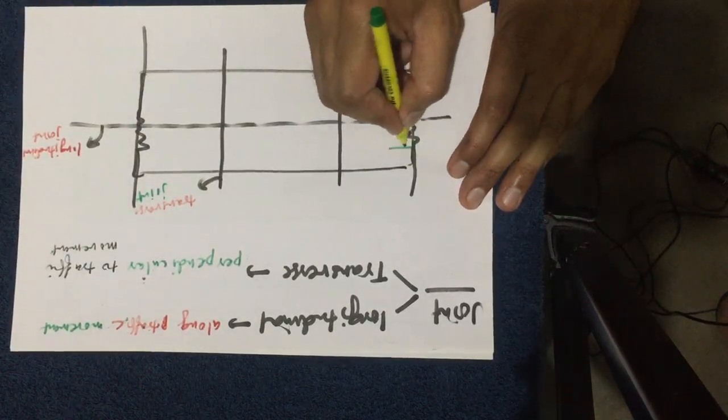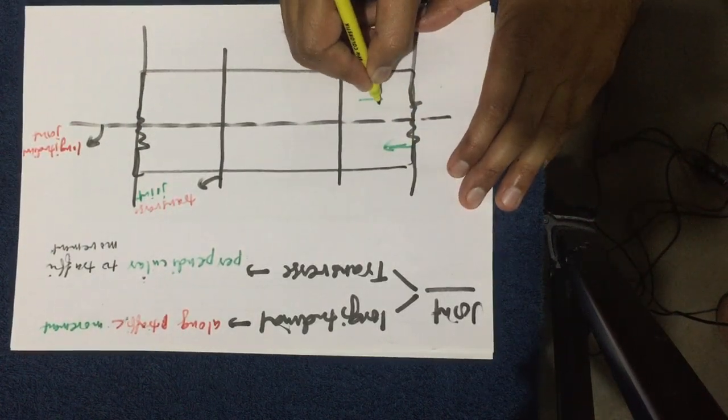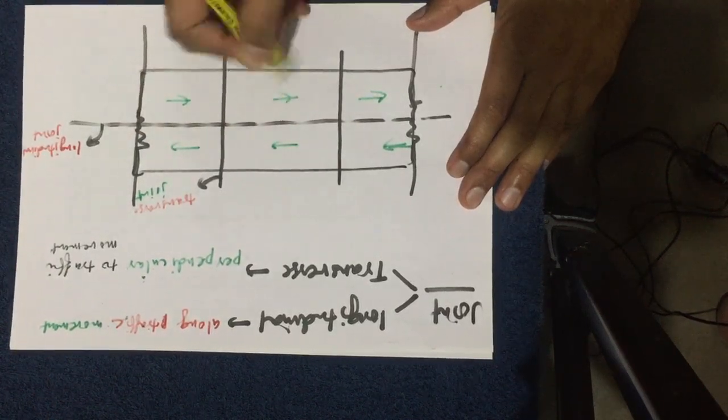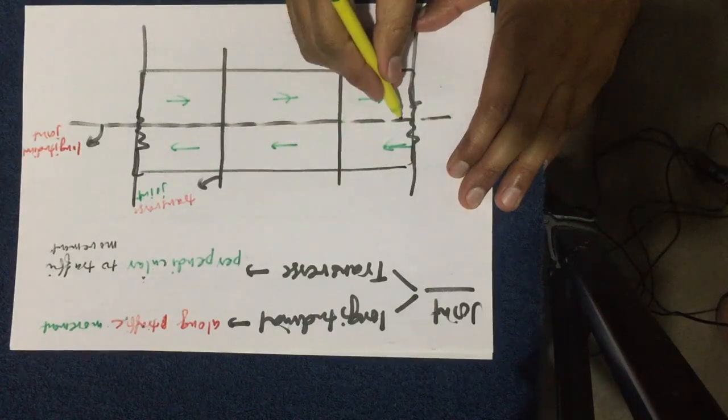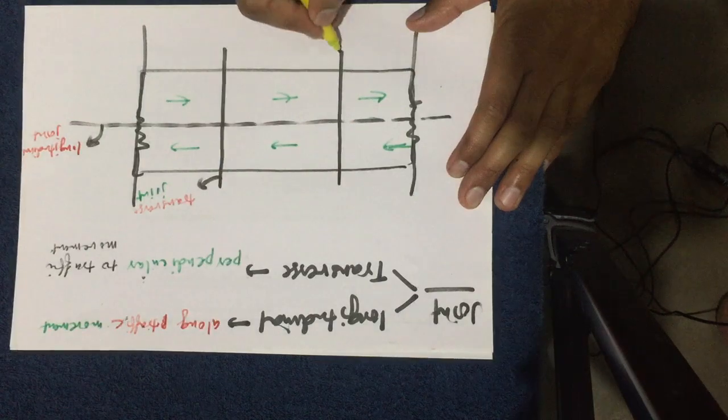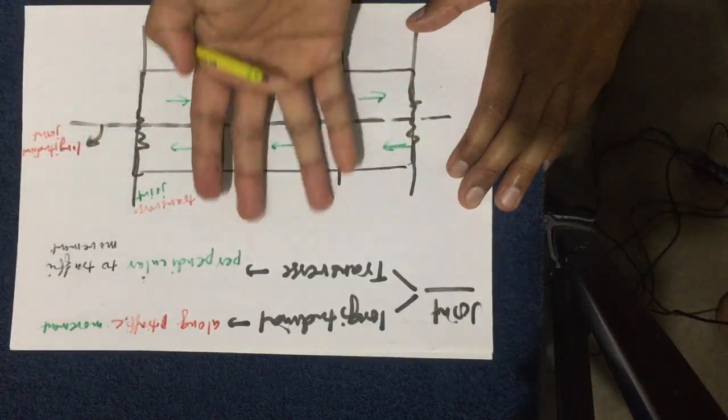The traffic is moving in this direction, so if the joint is along the traffic, it is a longitudinal joint. If it is perpendicular to the traffic, then it is a transverse joint.